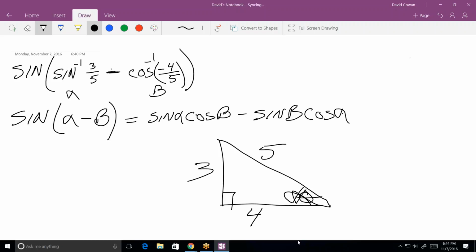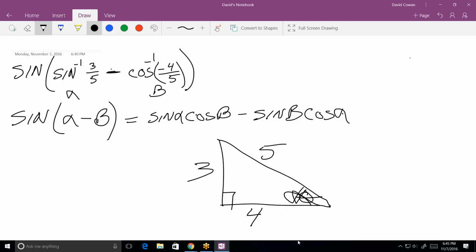What's the plus or minus sign on alpha? Is it plus or minus? Plus, right? What's the plus or minus sign on beta? I'm not sure about beta. It's the second quadrant. Remember, the inverse cosine of a negative is a second quadrant angle.